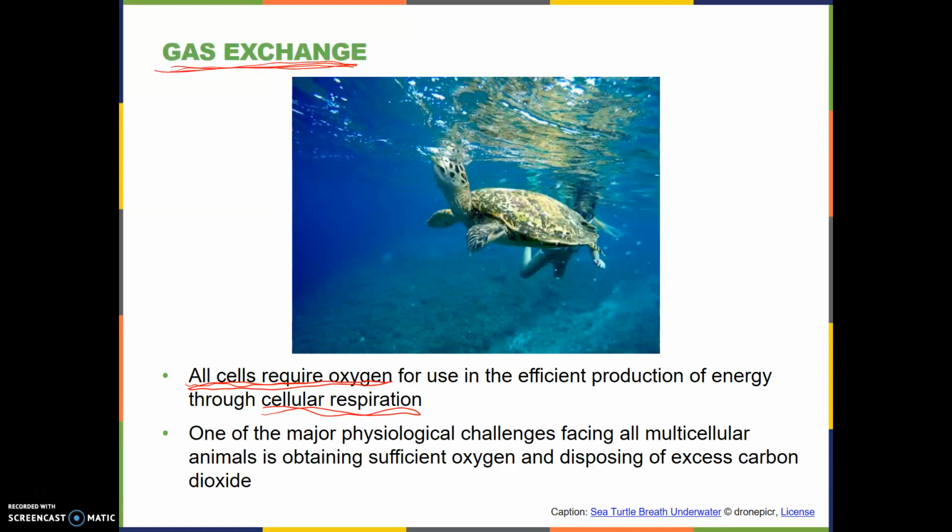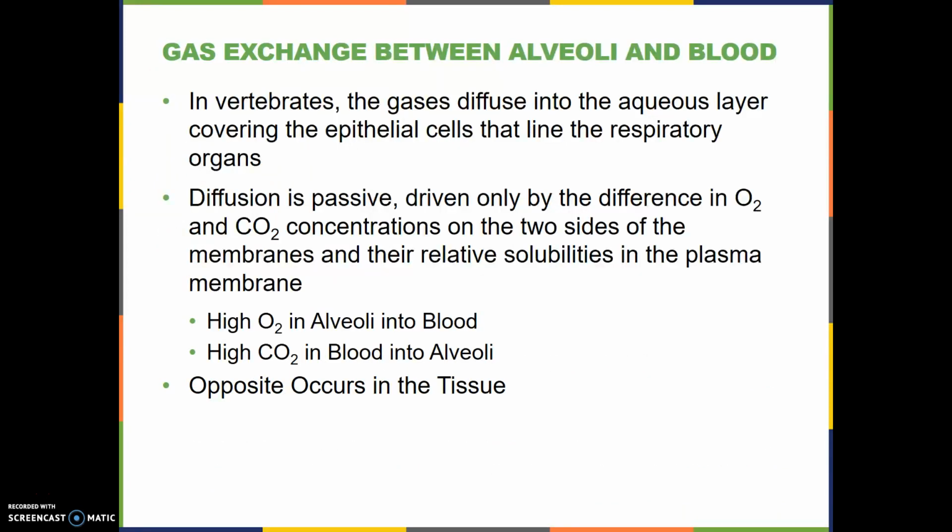So the exchange of gases is taking oxygen in and getting rid of the carbon dioxide out. In vertebrates, gas exchange occurs between the alveoli, which are the air sacs in the lungs, and the blood capillaries.